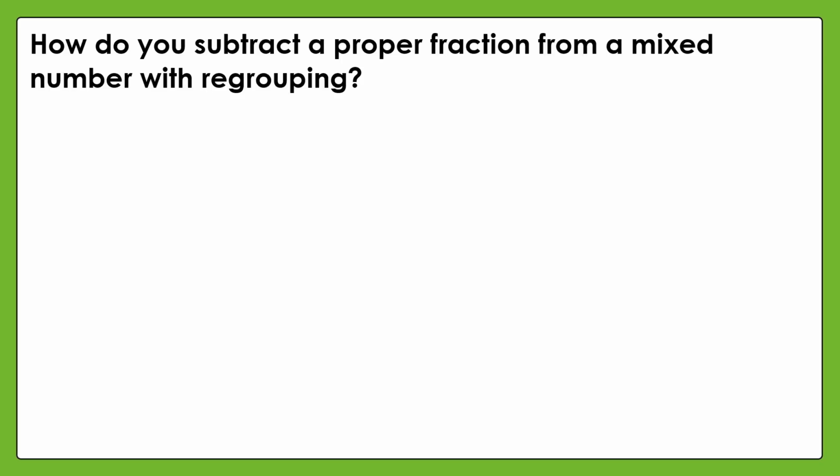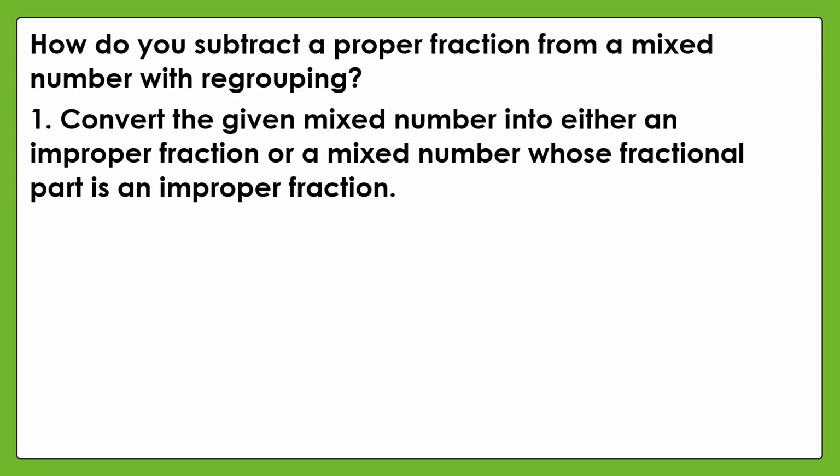So how do you subtract a proper fraction from a mixed number with regrouping? First, convert the given mixed number into either an improper fraction or a mixed number whose fractional part is an improper fraction. Second, subtract the numerators.